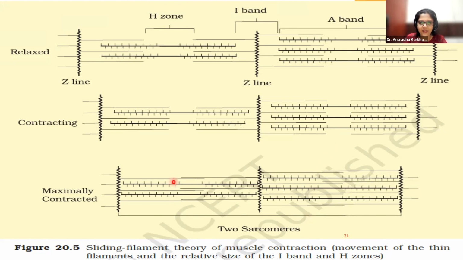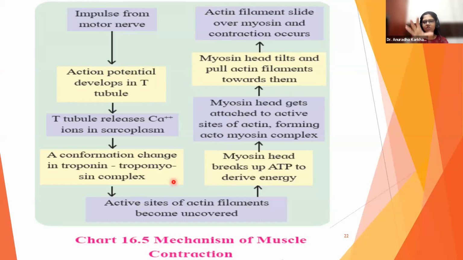तो जो हमने वीडियो में देखा कि कैसे कॉन्ट्रैक्शन हो रहा है, यहाँ पर सीधा उन्होंने कॉन्ट्रैक्शन दिखाया है, ये डायग्राम. Okay. In short, this mechanism of muscle contraction has been explained. Impulse from the motor nerve. Action potential develops in the T tubes. What are the T tubes? Tube or tubule, whatever.